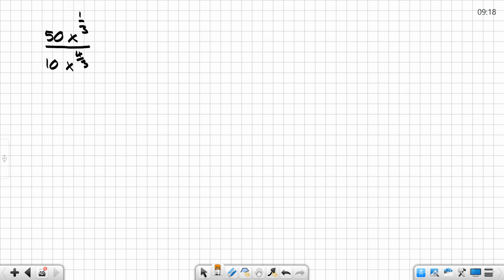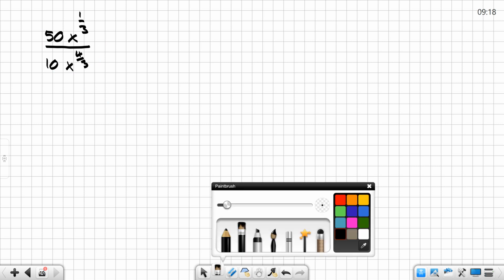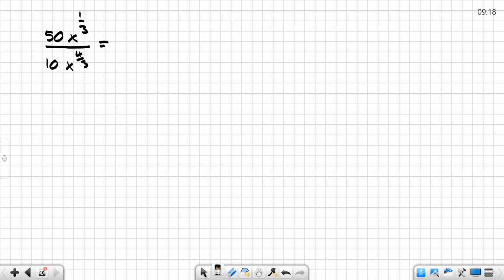Last example for today. 50x to the 1/3 divided by 10x to the 4/3. So we are splitting this into two problems. This is 50 over 10 times x to the 1/3 divided by x to the 4/3, which will be x to the 1/3 minus 4/3, top minus bottom.